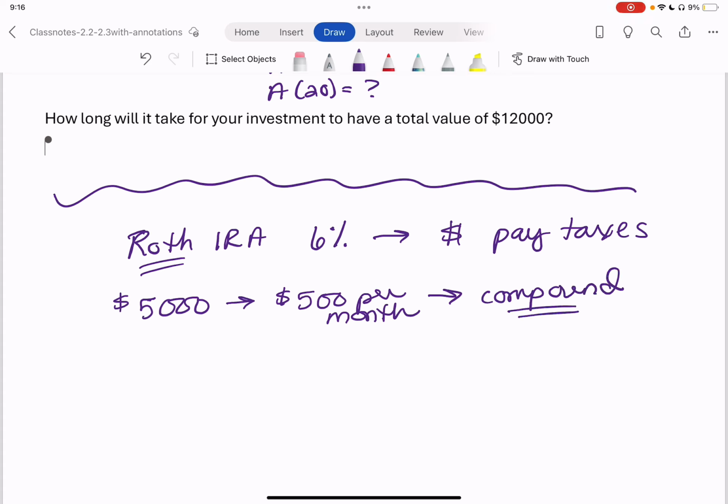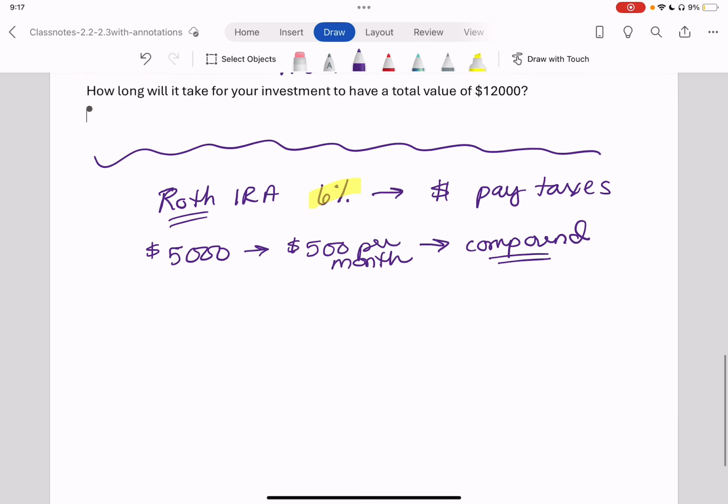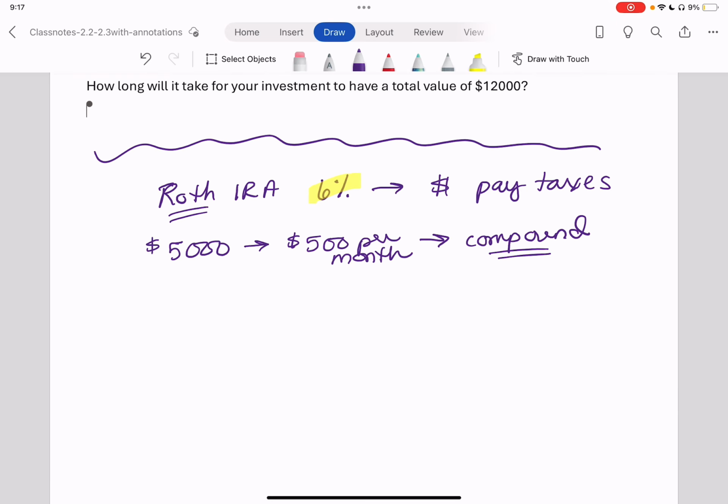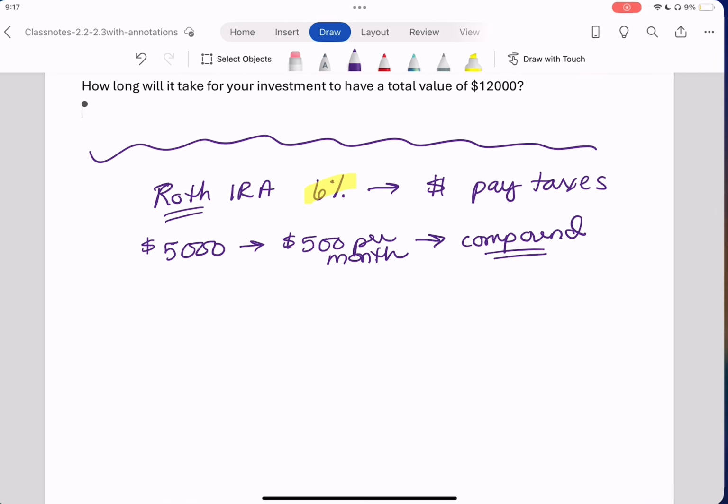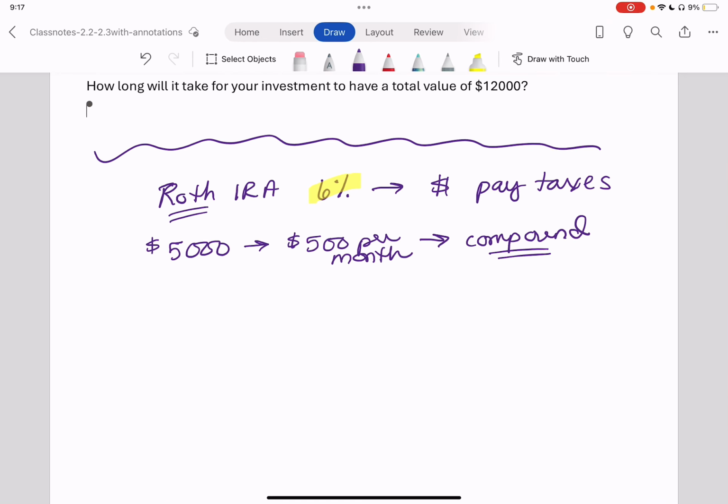There'll be spurts where your interest is actually higher than 6%, and then sometimes lower than 6%. Like I said, the investment rate does vary depending on the market. But let's say you keep doing that for 25 years or so. What you're going to have, and like I said, this is just an estimate, is about $500,000 in that account, if you keep doing that for about 25 years.